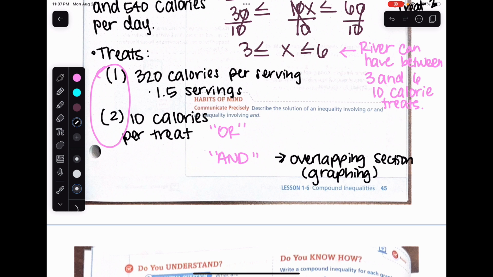So wherever they're overlapping, that's where you can find your solutions. The or solutions can be in any part of the shaded regions. And of course, you'll have 2 of those shaded regions, okay?